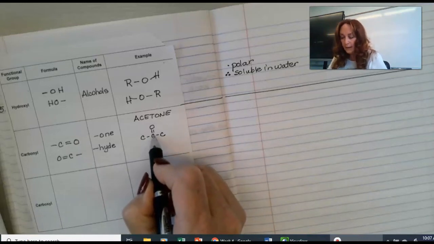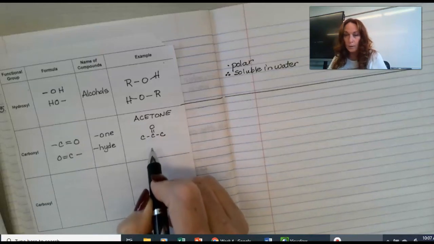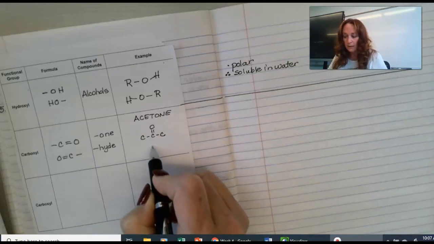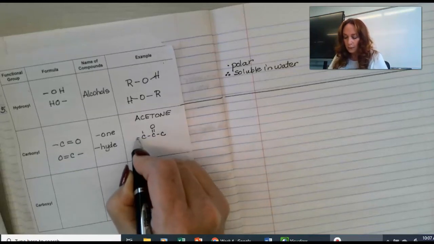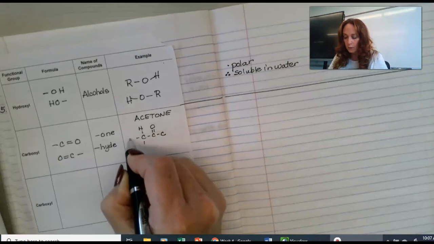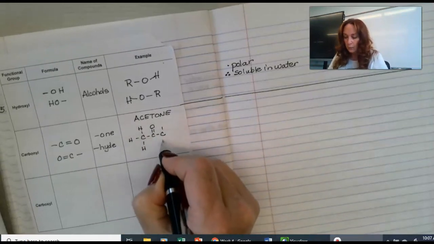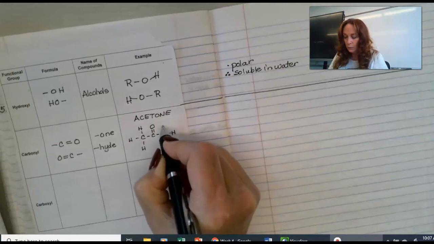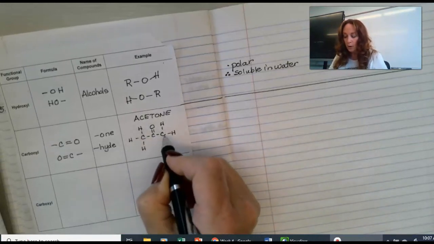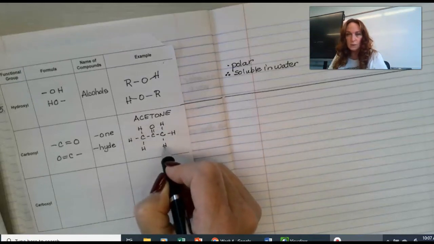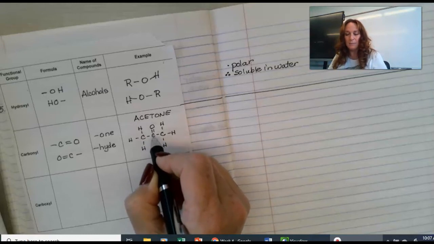So if you think about it, this central carbon has 1, 2, 3, 4 bonds already taken care of. Nothing's going to go here. This carbon has 1, so it has 3 more that it can make. So that's a methyl group. And right here would be another methyl group.